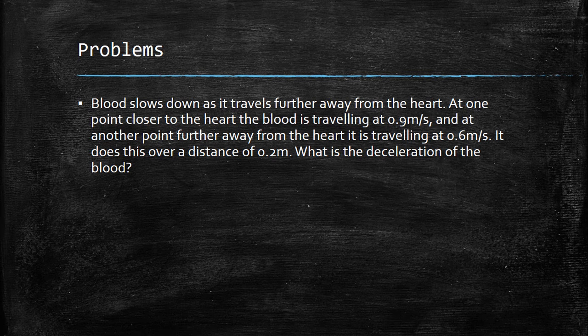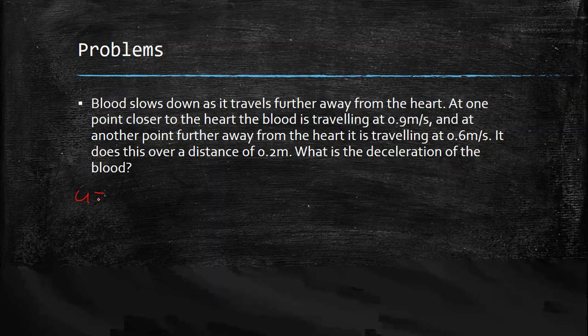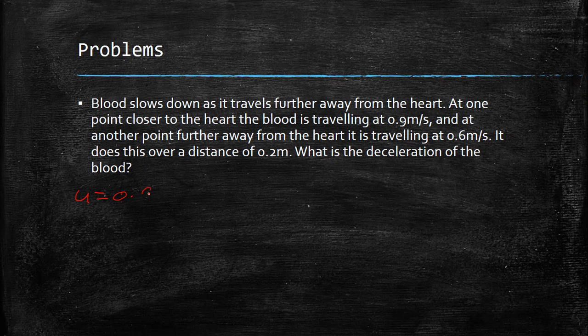Alright, well the first thing to do when approaching any of these problems is just write out what you have. So what do we have here? We have that at one point closer to the heart, the blood is traveling at 0.9. So that's the initial velocity. So we have u = 0.9 meters a second.